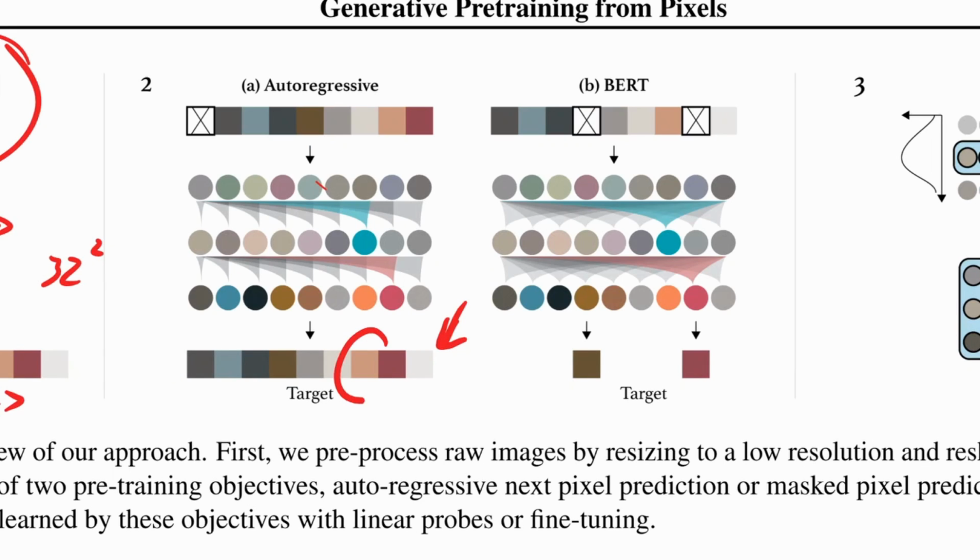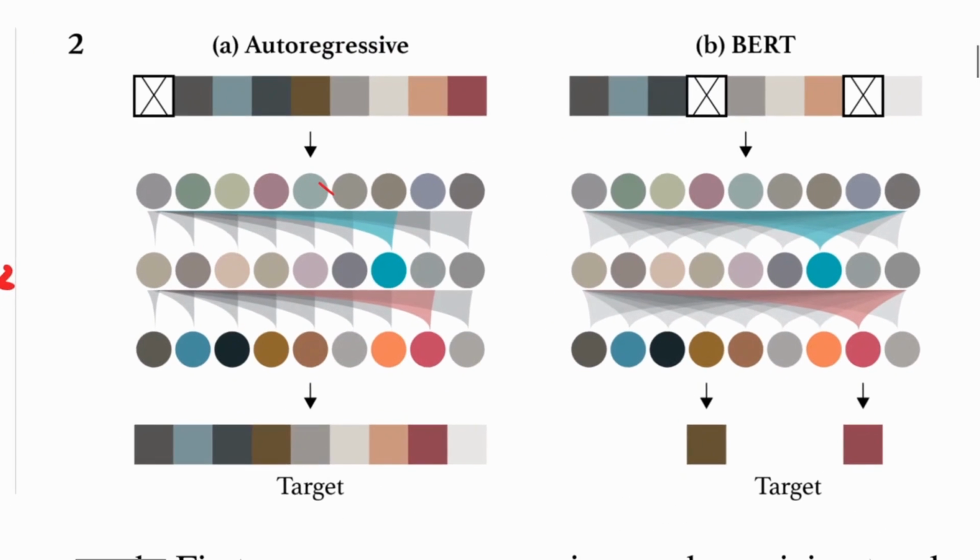And when you predict this pixel right here, you only want information from whatever was before that pixel. Otherwise, the model could cheat, right? Otherwise, the model could simply learn to copy over the value. But the attention pattern here is simply to show you that this is auto-regressive and it's in one direction. So you always want to predict the next pixel.